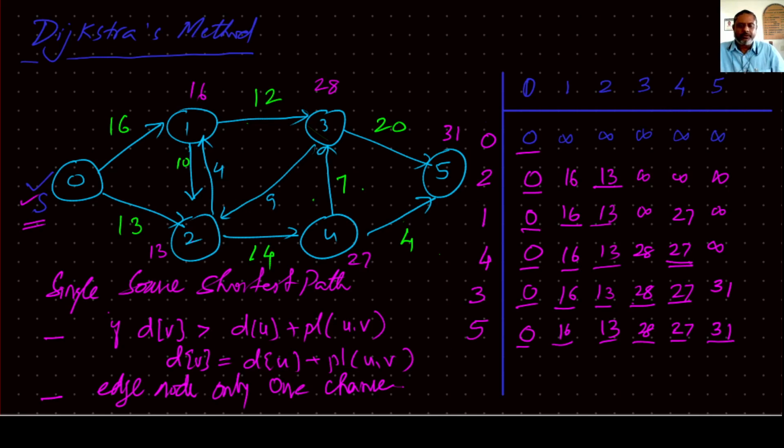That means it is going to be even more than 13, and that way definitely if you try for any other path, any other longer path, the total distance has to be definitely greater than it is, because the weights are positive. So the weights may be negative.